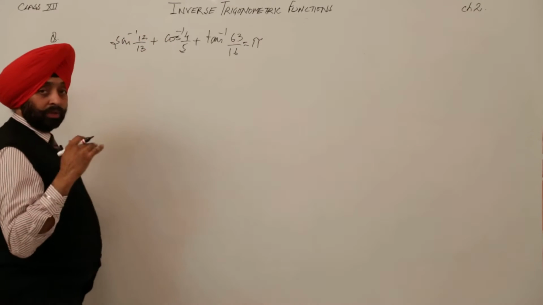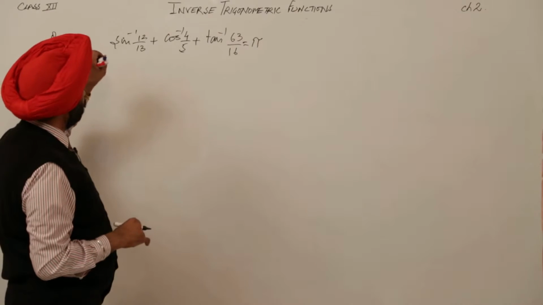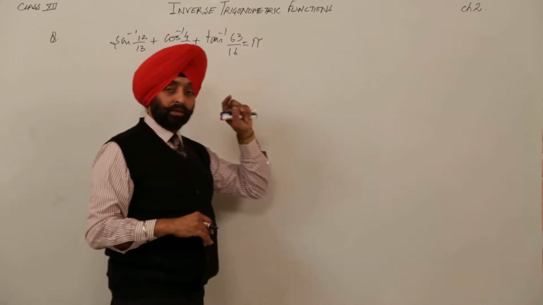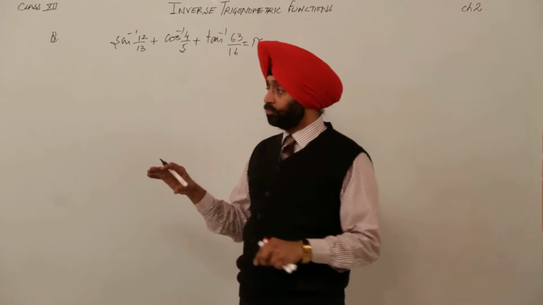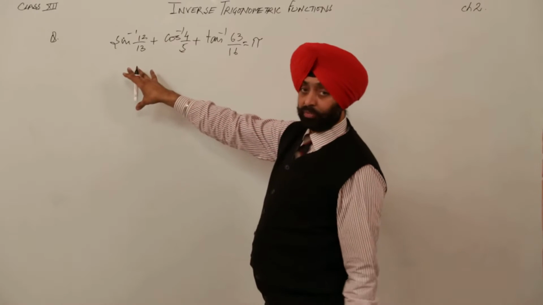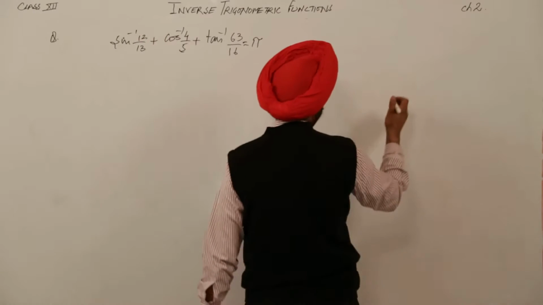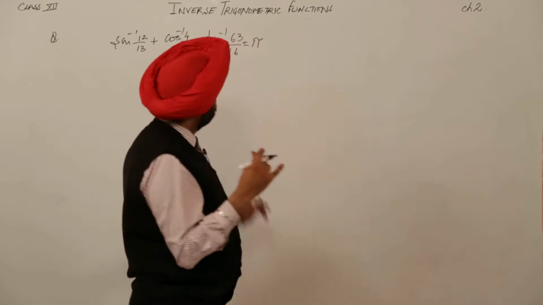Now in our last module, we converted sin inverse 12 by 13. If you remember, I think it was in property 3 when we did how the conversion is made. So once again, for this simple thing, sin inverse 12 by 13, I am writing here, and you have to mention that in your textbook.